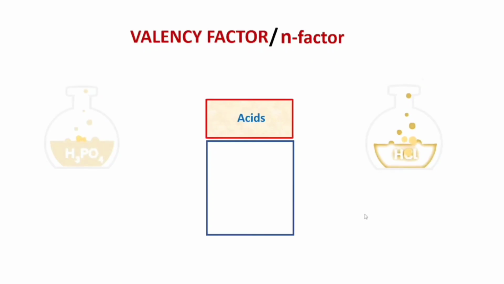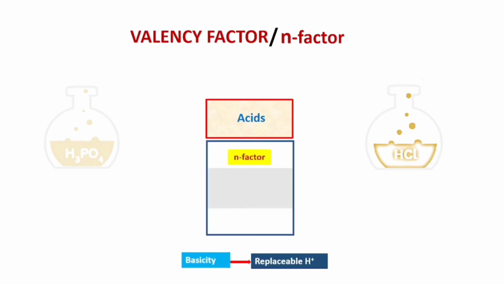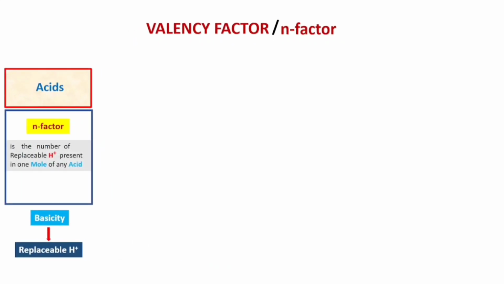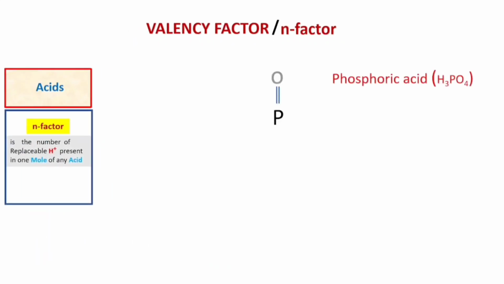To calculate the N factor of any acid, we need to look at its basicity. Basicity means the number of replaceable hydrogen atoms in an acid molecule. Again, N factor is the number of replaceable hydrogen atoms present in 1 mole of any acid.